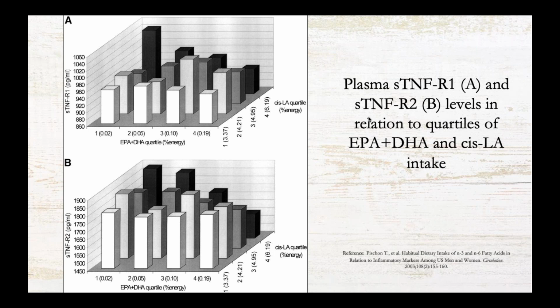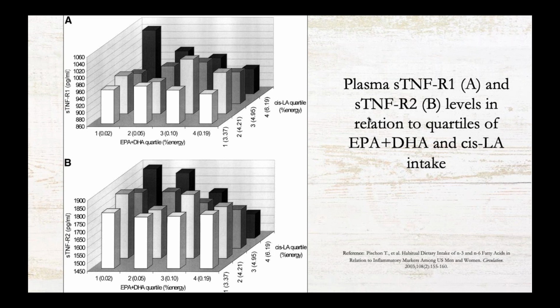You go to that back corner, if you get that level of EPA and DHA, and you get the highest level of linoleic acid from vegetable oils and things along those lines, again, soybean, sunflower oil, safflower oil, canola oil, all of those vegetable oil blends contribute large amounts of linoleic acid. If you get that type of profile here, you get your absolute highest level of tumor necrosis factor, which we know is a very, very significant marker indicative of inflammation.